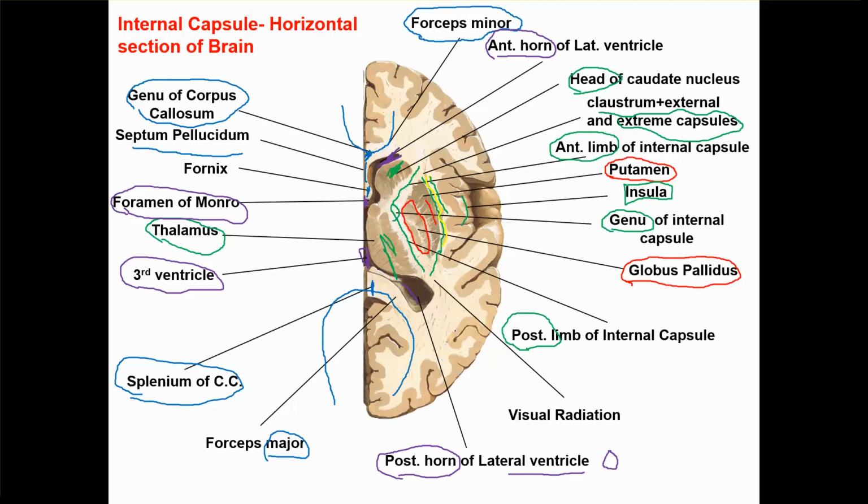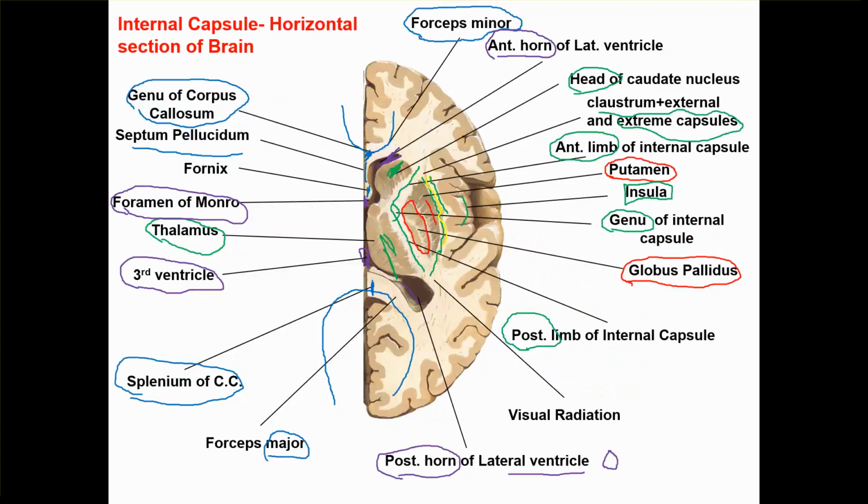So in here we have seen the anterior limb of the internal capsule, genu, posterior limb. Then we saw the lentiform nucleus with the coverings and its parts, that is globus pallidus and putamen. Then we continue to see the parts of the lateral ventricle and parts of corpus callosum.